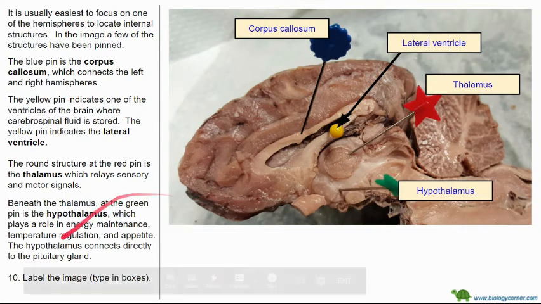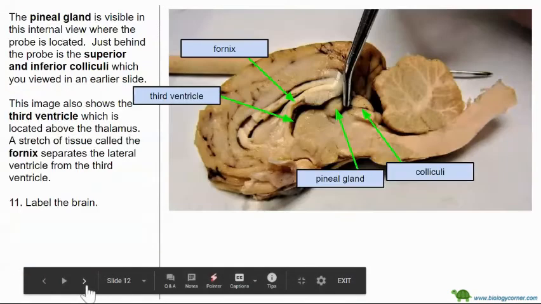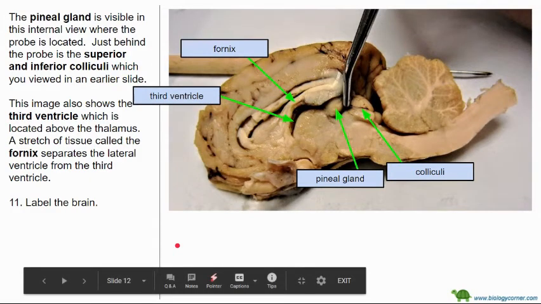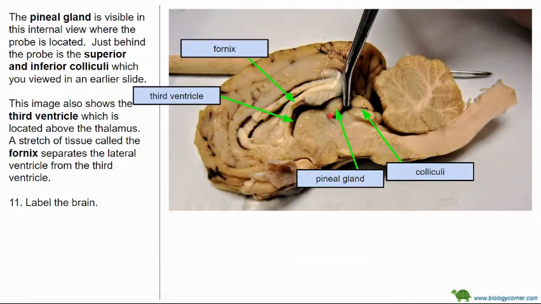All right, next slide. So the pineal gland is visible in this picture here. So right where the probe is, you can see the pineal gland right here. And then just behind that, right, posterior to that, are the two colliculi, the superior colliculus and the inferior colliculus.